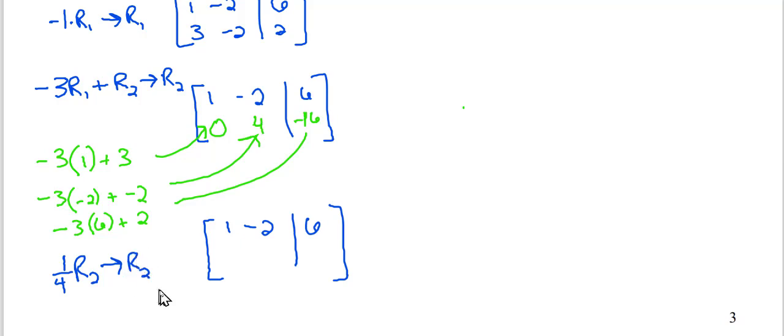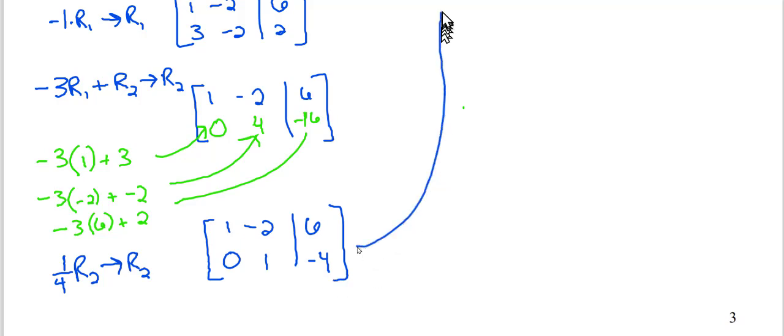And I want to put it in row 2. The benefit of this is it doesn't change the 0 that I had before that I want to keep. 1/4 of 0 is 0. 1/4 of 4 is 1. 1/4 of -16 is -4.